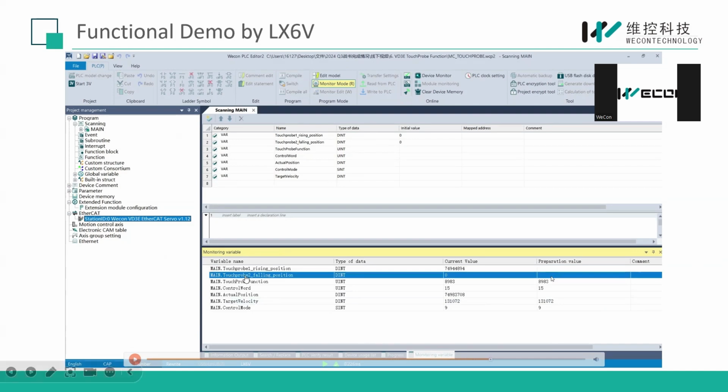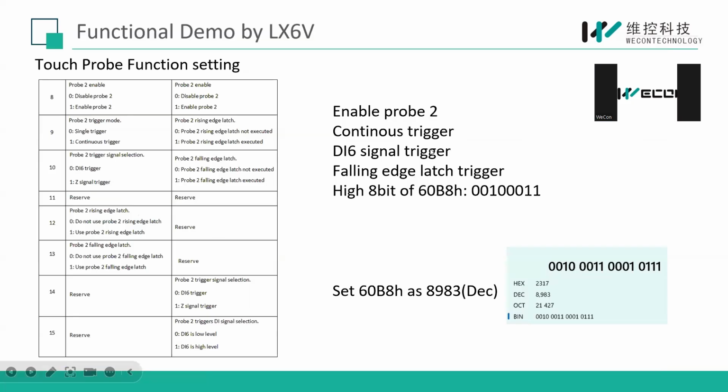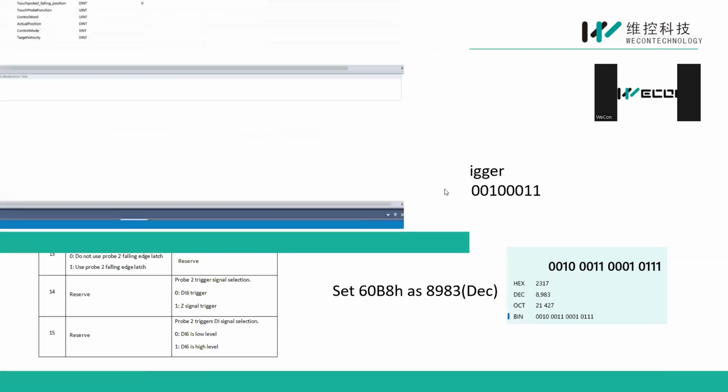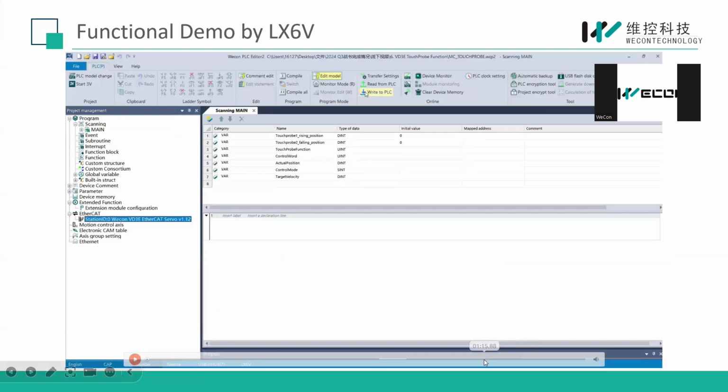And for TouchProbe 2, for probe 2, we use the DI6 signal and the falling edge to trigger it. So here in the video, I change the DI status manually by changing the panel.